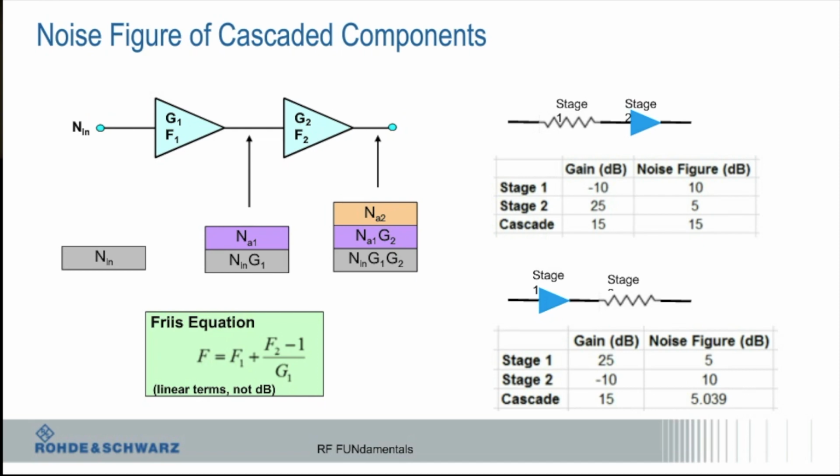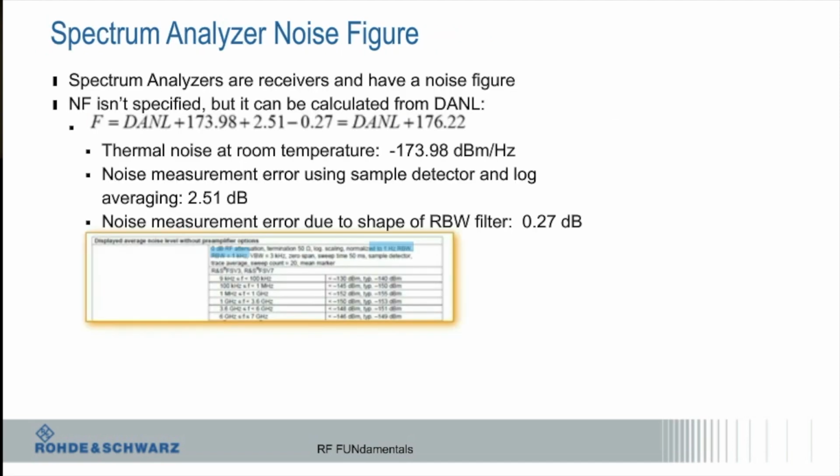Good. Okay, so spectrum analyzer noise figure. Spectrum analyzers, guess what? They're receivers, so they have a noise figure associated with them. If you compare ones from now versus ones from 20 years ago, even with LNAs you might have had a 25 dB noise figure for your spectrum analyzer, so you would almost always have to put the preamp in, but now they're much better.